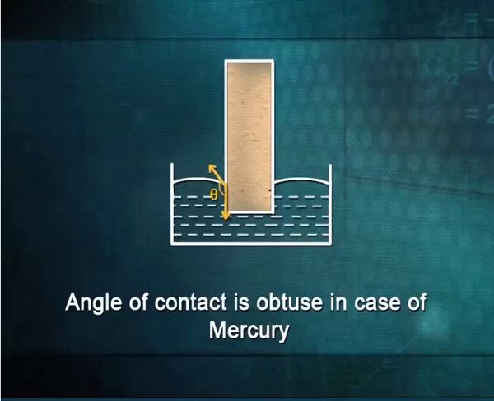So, the liquids which form convex meniscus and angle of contact is obtuse in nature, those liquids are non-wetting, means those liquids will not wet the surface of the container. For example, mercury and glass. If you take mercury and glass, the mercury will not wet the surface of the glass because mercury is a non-wetting liquid. So students, I think wetting and non-wetting is very much clear to you.